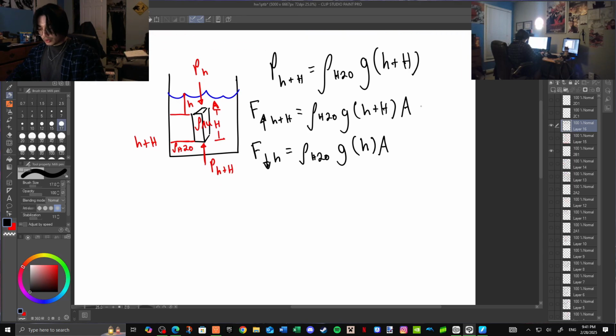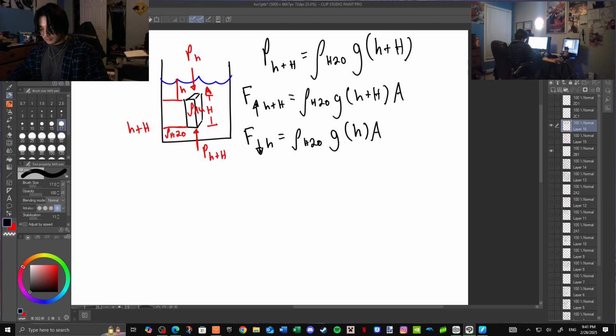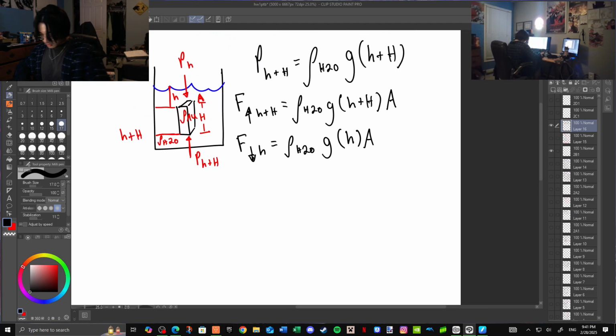And so we can subtract these two equations. When we do that, we'll get the sum of forces is equal to rho of H2O, or the density of the fluid, times acceleration due to gravity, times big H times A. And this right here is the buoyant force.